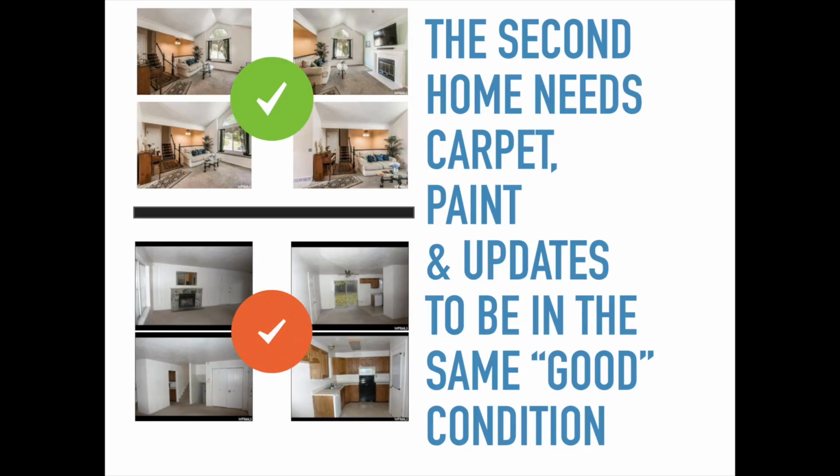If you want it to be in good condition, like the property above it, it's going to need new carpet and new paint. I'm going to have to update some lighting, especially in the kitchen. The cabinets look okay, I'm not really worried about those. I have mismatched appliances, so I'm going to need appliances and probably a new countertop. Then the asset manager would go back and look and say, do I want to make those repairs or not? And if I do, am I going to make all of them or just some of them? All right.